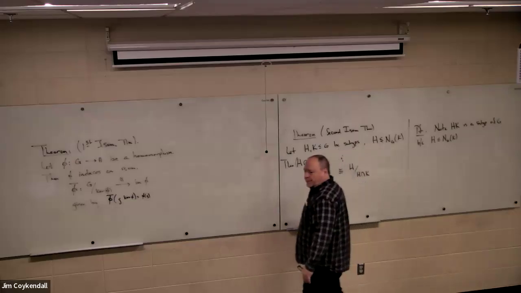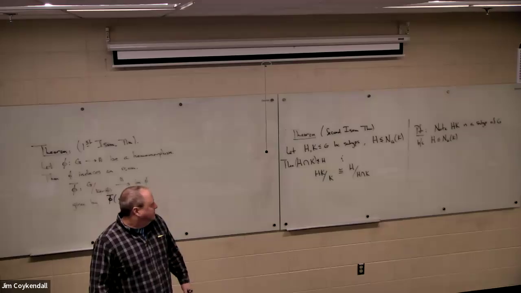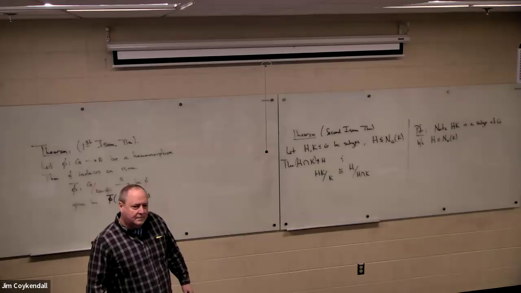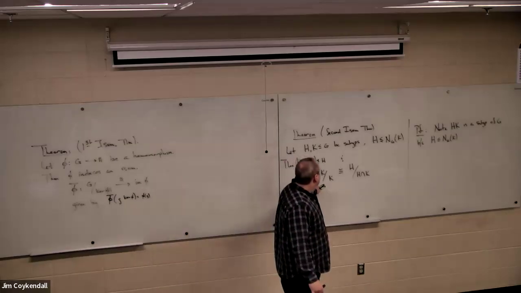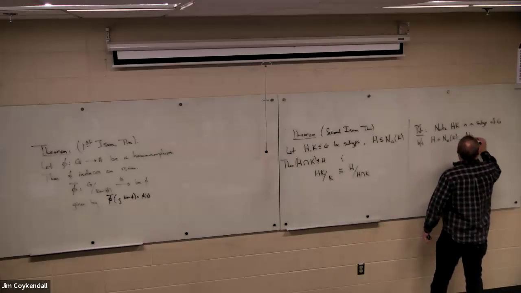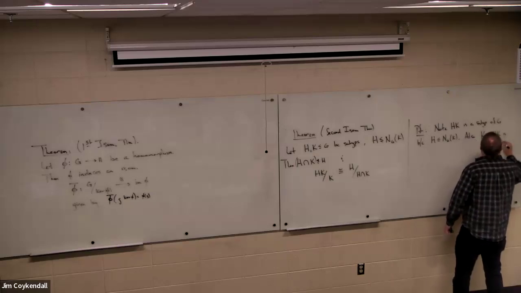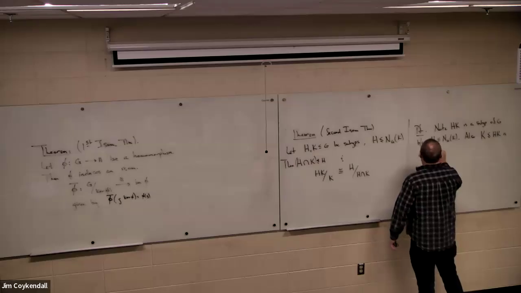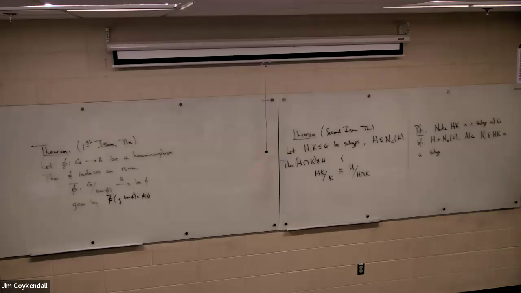What else am I implicitly assuming here? Notice that this is a subgroup, but what else do we need?